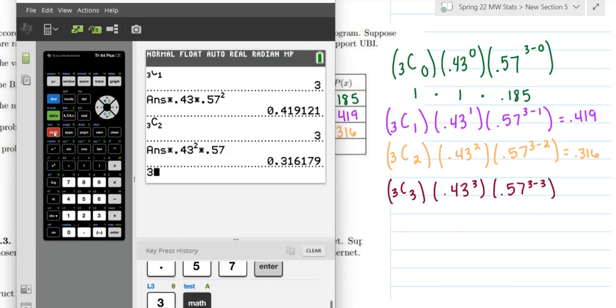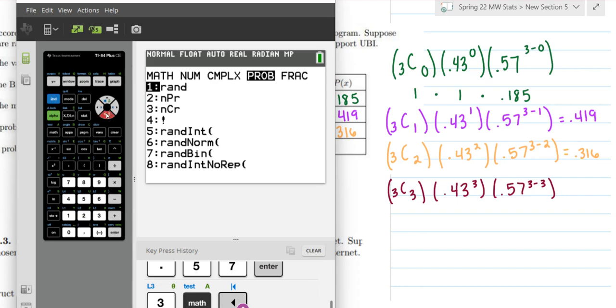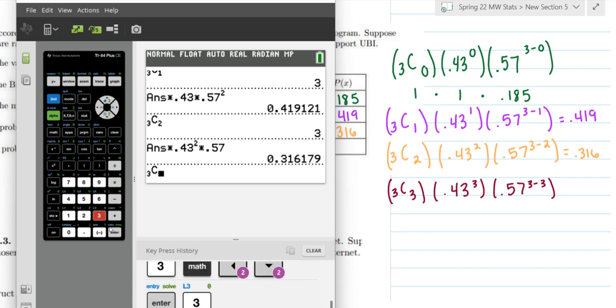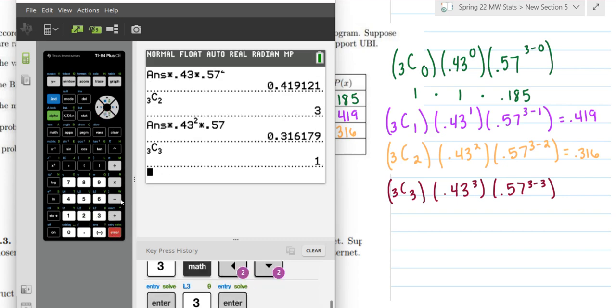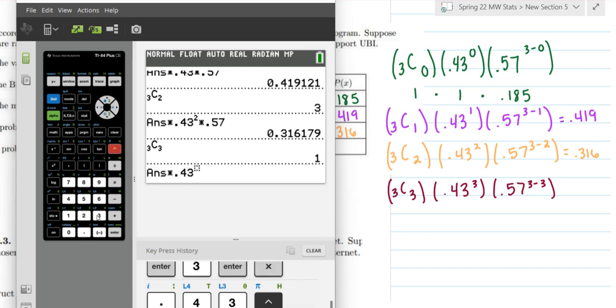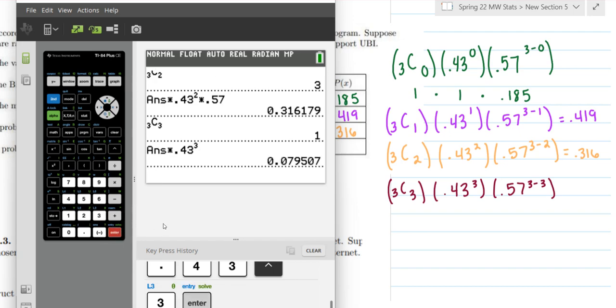So 3 math probability, and CR3 is 1 times 0.43 to the third, 0.57, 3 minus 3 is 0, so that's just 1 there. So it's just 0.43 to the third. So 0.079, well, 0.080, or you could do 0.0795. It's up to you. We'll do 0.08.